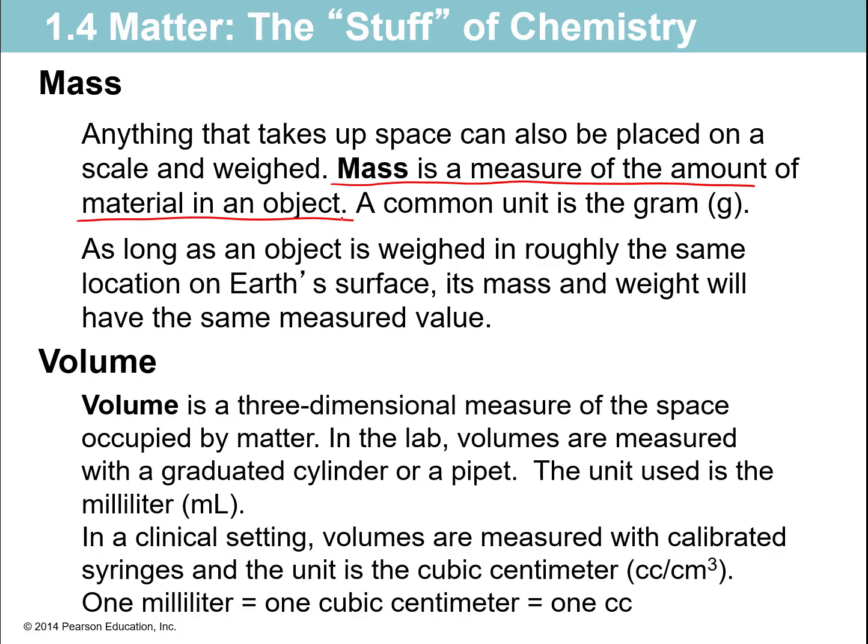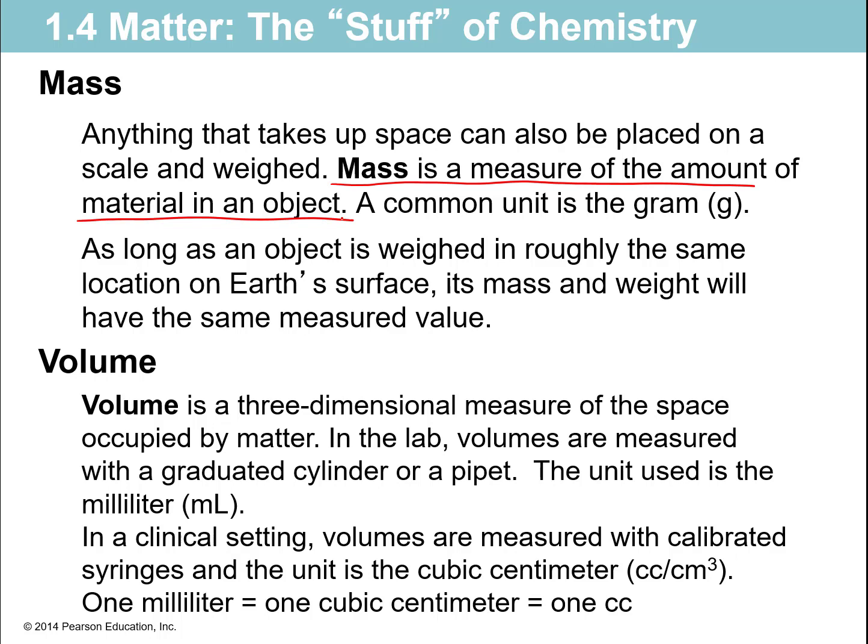And we use the gram. You could have milligrams when you're talking about really small amounts, like a tablet of Tylenol, or kilograms when you're talking about a large amount, like body weight, 2.2 pounds. You can think of it as equivalent to weight, but in fact, weight is relative to the pull on mass by gravity.